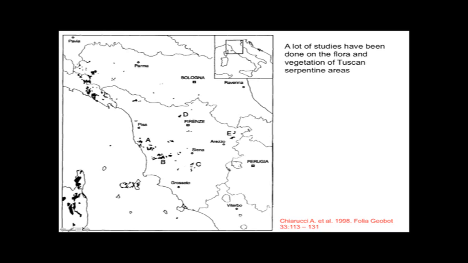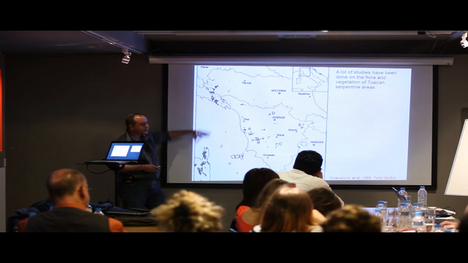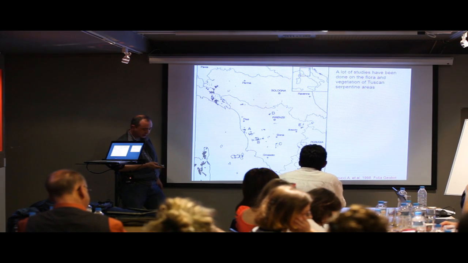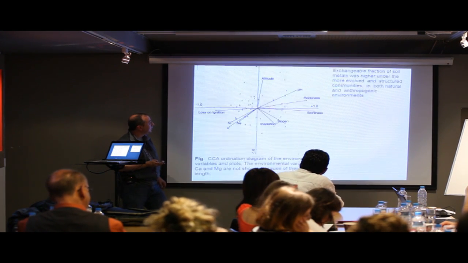The Tuscan area in northwest Italy is very famous for its serpentine areas and also for the serpentinophytes that it hosts. A colleague, Alessandro Hierucci, has made a lot of studies in the serpentine areas in this part of Italy.